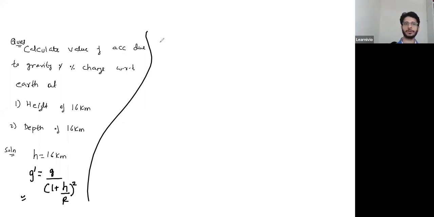I'm using this one. So this is your g prime. g prime is g times 1 plus h, which is 16, by r, which is 6,400, square. So your g prime is g times 1 plus 16 by 6,400, which is 1 by 400, square.